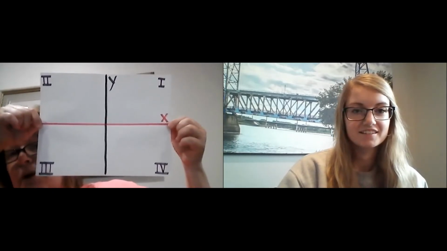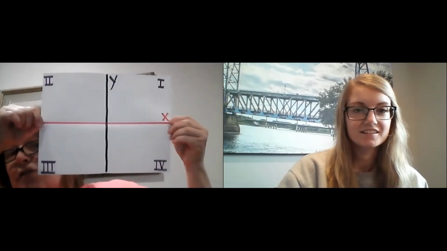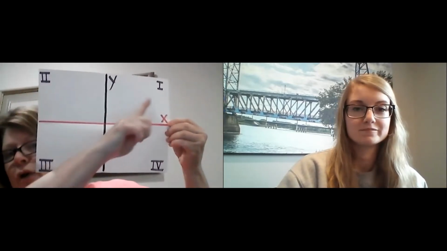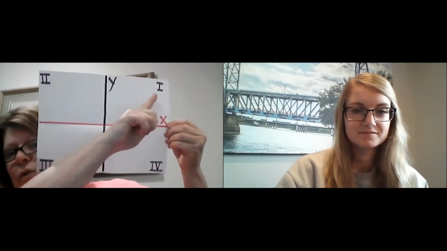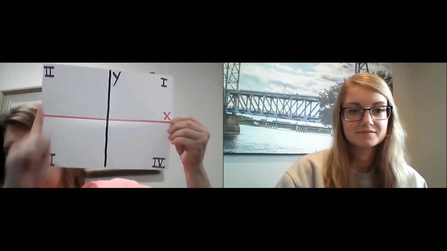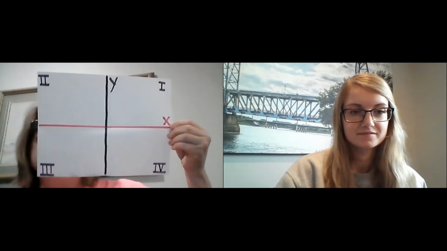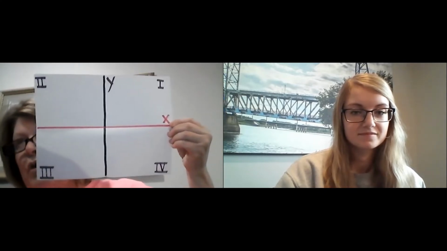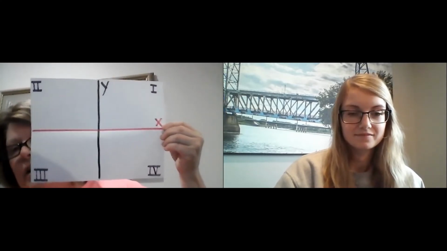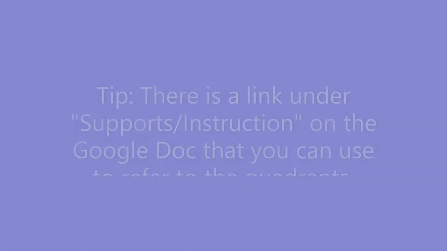And if you remember, Mrs. Zimmerman just visited with you about quadrants. Quadrant 1, quadrant 2, quadrant 3, and quadrant 4, using Roman numerals again from your Rome unit in social studies.